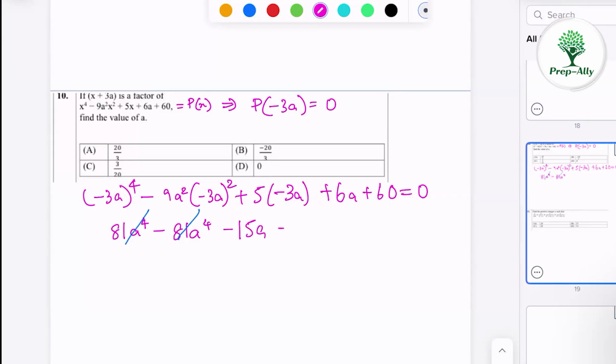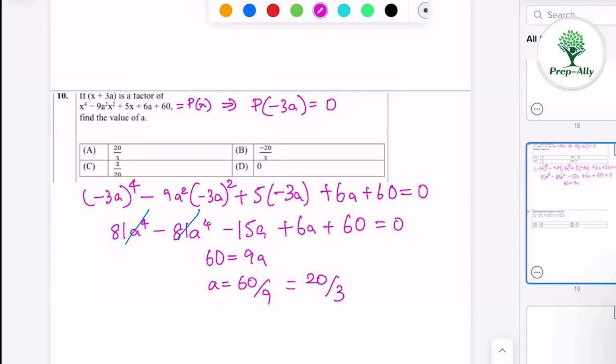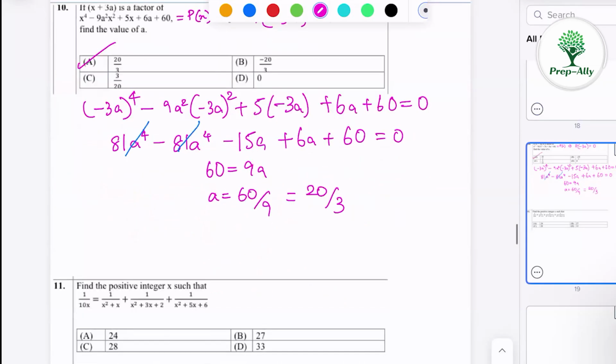Minus 15a plus 6a plus 60 equal to 0. So from here we have 60 equal to 9a, or a equal to 60 by 9, which is equal to 20 by 3. So the answer to this question is option A, 20 by 3.